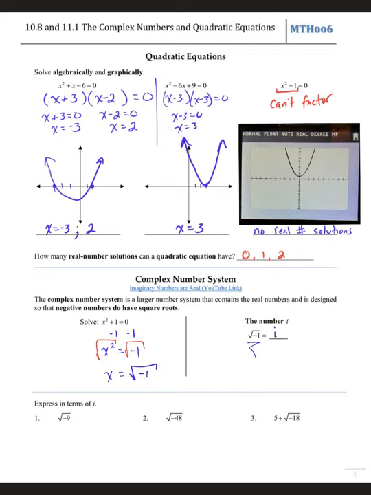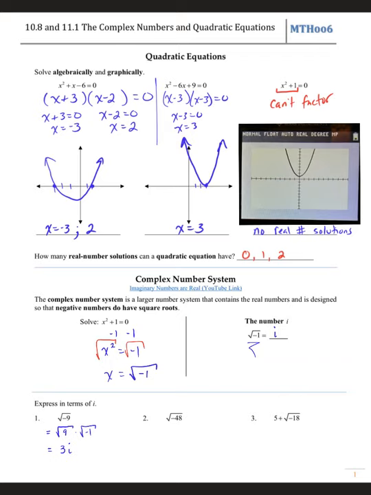Just like we did in previous sections, we can split it into two separate square roots, the square root of 9 and the square root of negative 1. We know the square root of 9 is 3 and the square root of negative 1 is i, so we get the answer of 3i.